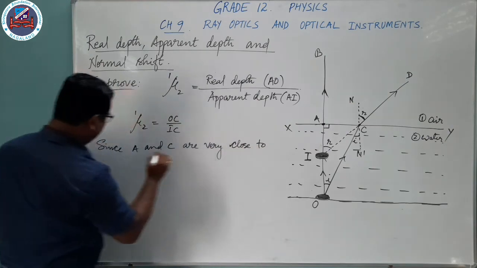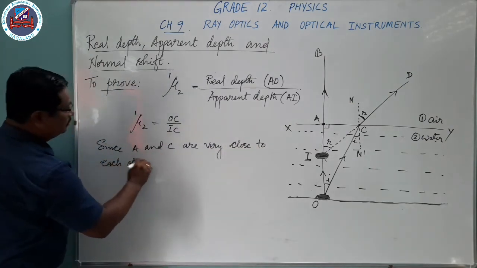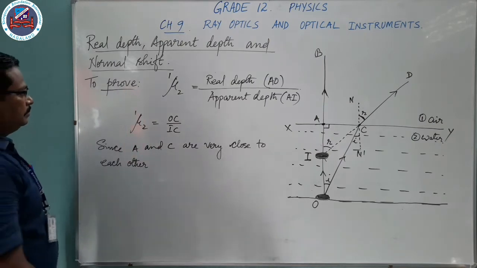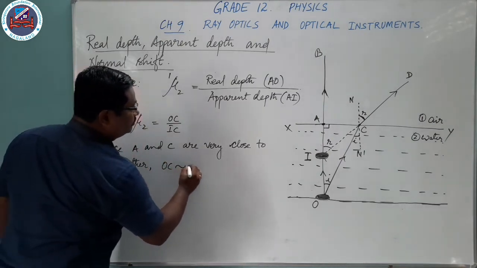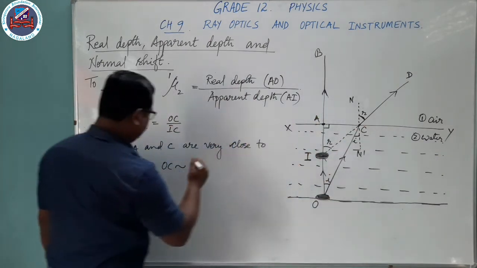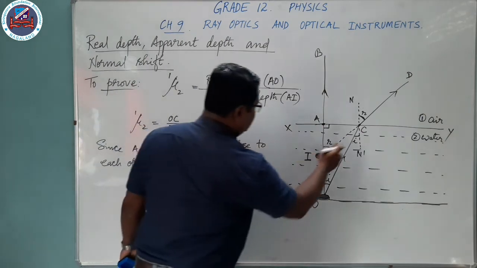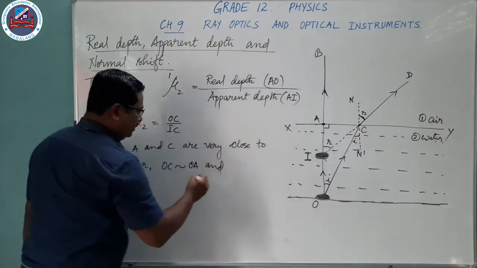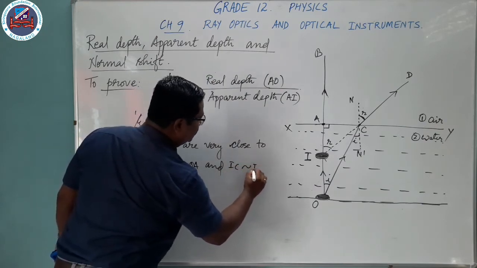Since A and C are very close to each other, OC will be nearly equal to OA, and IC will be nearly equal to IA.